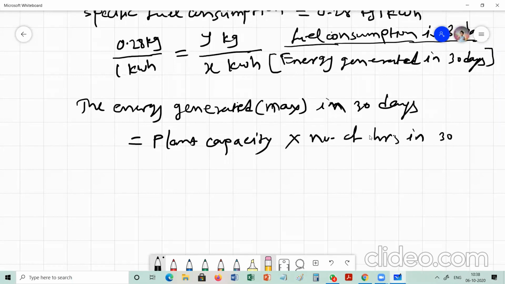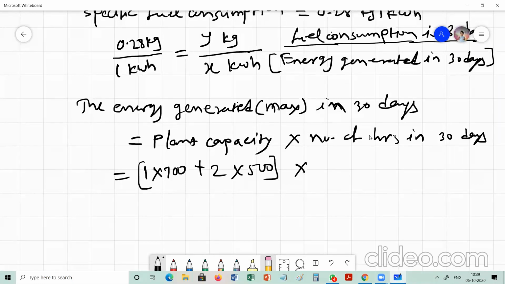in 30 days. Plant capacity means power. We can see that plant capacity is the maximum power. There is one unit of 700 kilowatt and two units of 500 kilowatt, into number of hours in a month, which is 30 days into 24 hours.